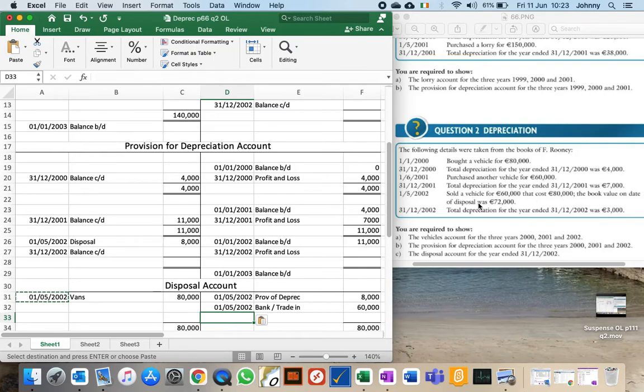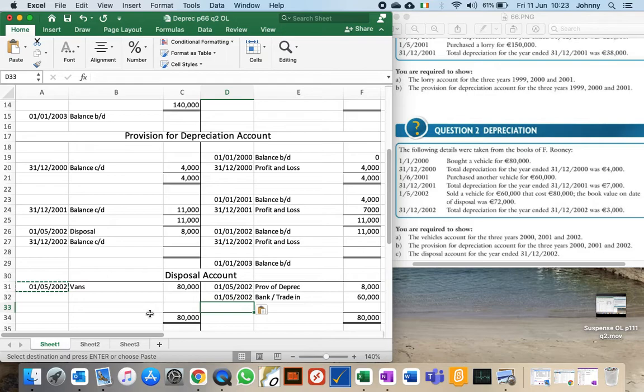It says that we sold it for 60. It was worth 72, so that means we made a loss. Now, this account has to balance, so you have to have the same on both sides. If it turns out that we have more on the credit side than the debit side, then we'd have a profit, so another number called profit would have to be put in here.